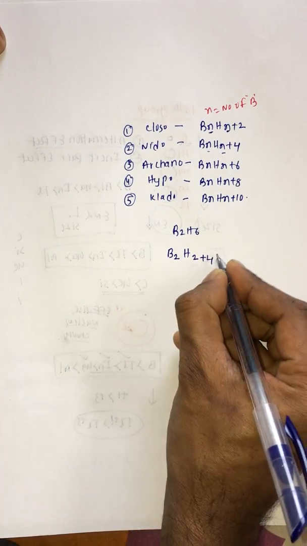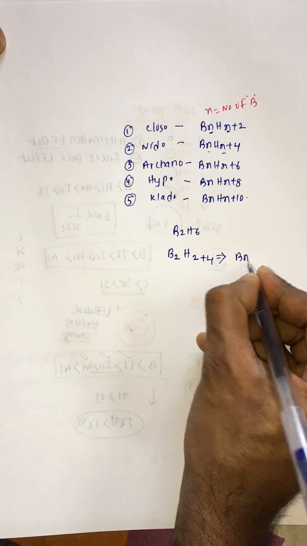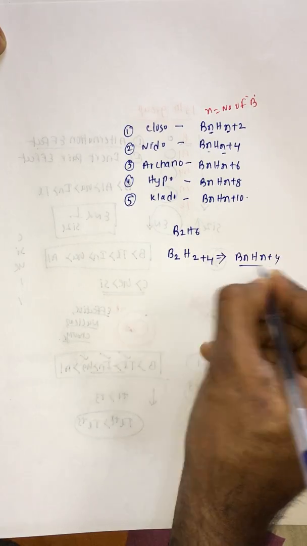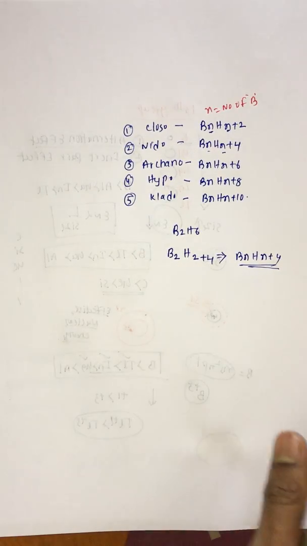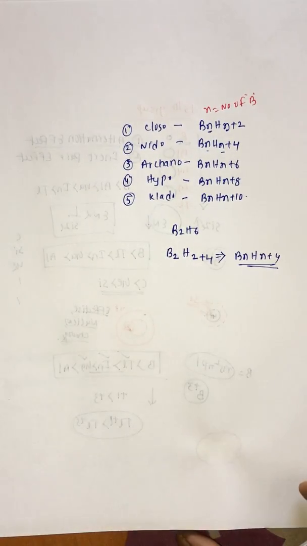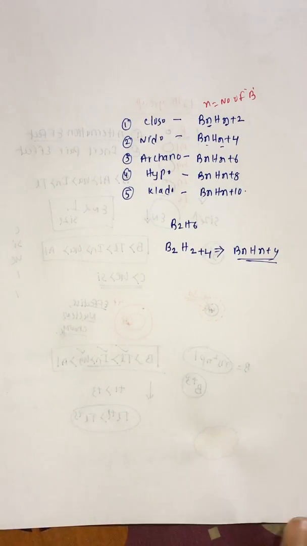Plus 4, so this comes under BnHn+4. Because of that reason, this is the nido configuration. So this is the classification of boranes. From the examination point of view, this is very important.